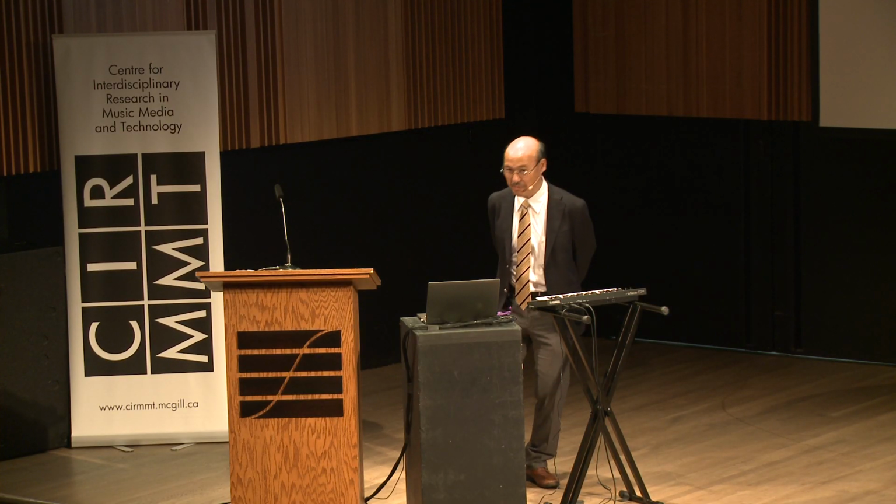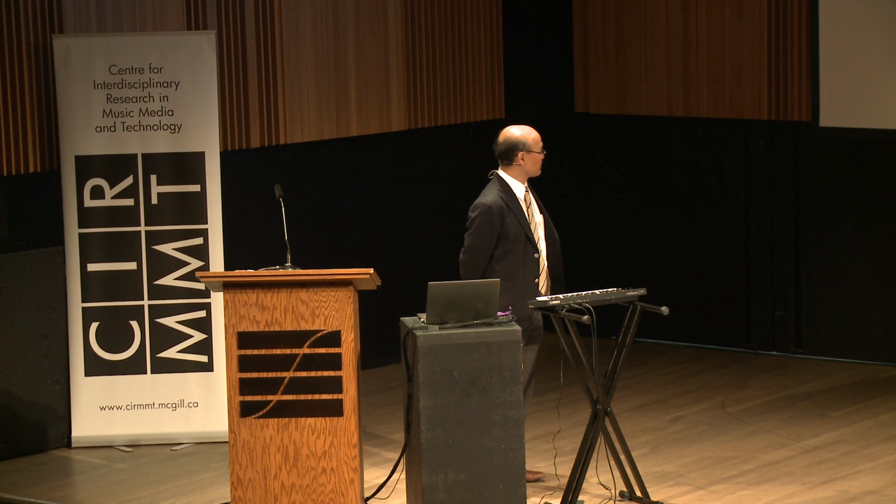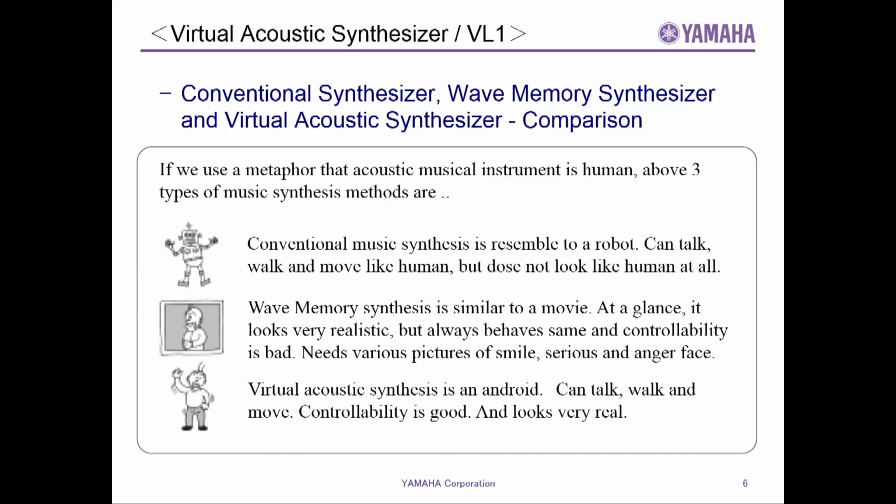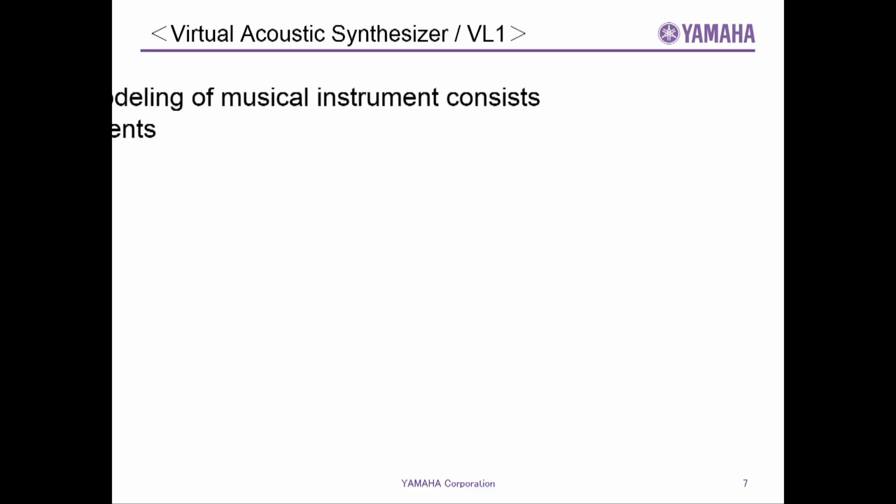It is a necessity. Then the third one, virtual acoustic synthesis, physical modeling of musical instruments, is kind of an android. He can talk, walk, and move. So controllability is very good, and it looks very real. This is the concept of physical modeling music synthesis.